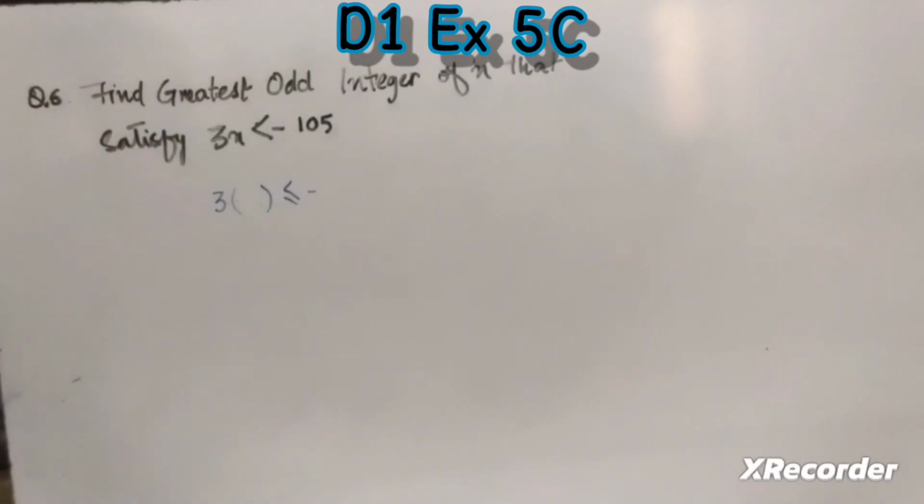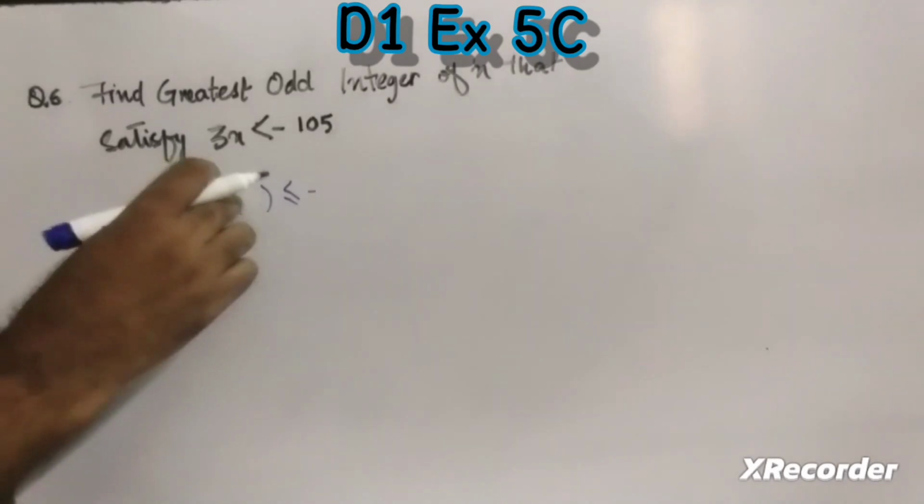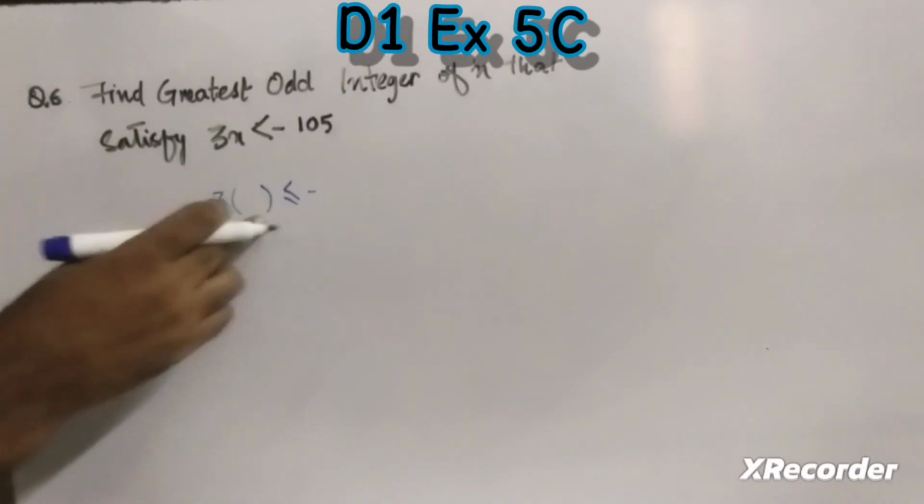So we have to find the value that is larger than 35 and it's odd. So the next odd number after 35 is 37.